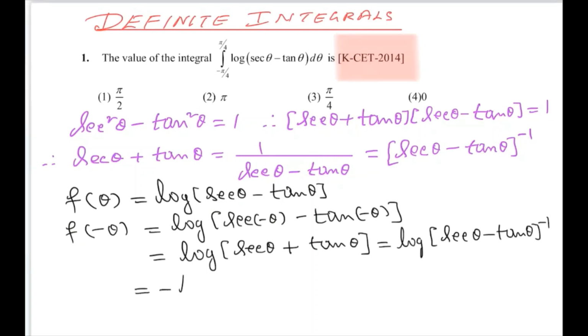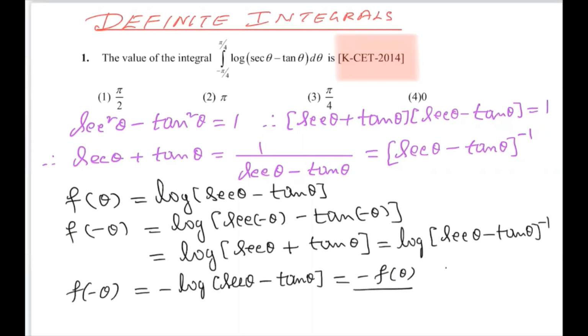That becomes minus log of secant theta minus tan theta, which is minus f of theta. Thus f of minus theta is minus f of theta. Therefore, f is an odd function.